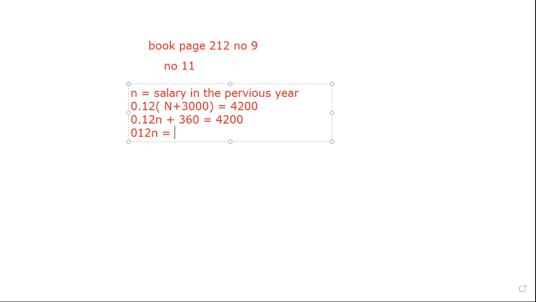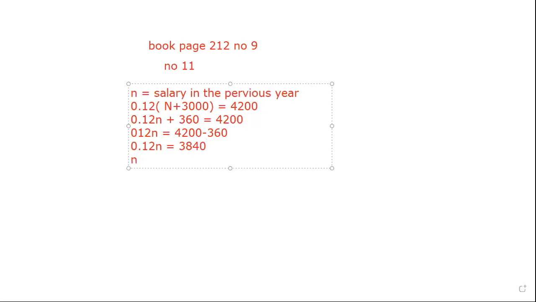0.12N equal 4,200 minus 360. It will be 3,840. Okay, then what is the next step?